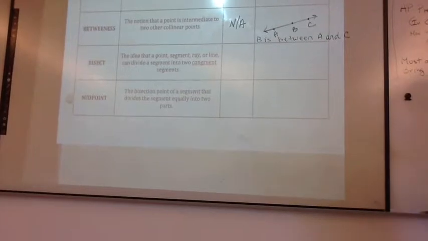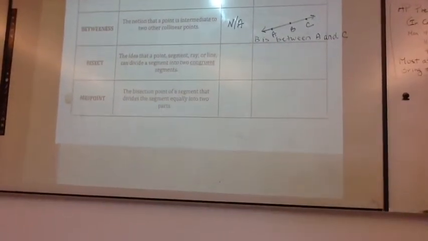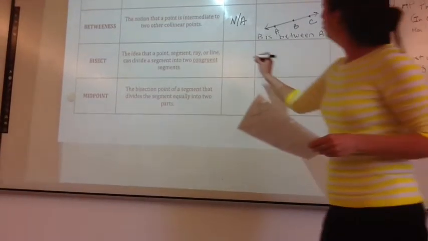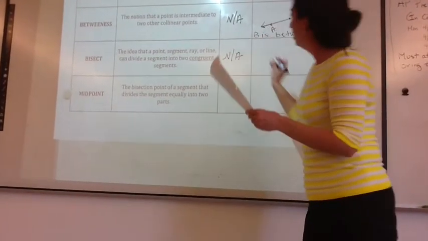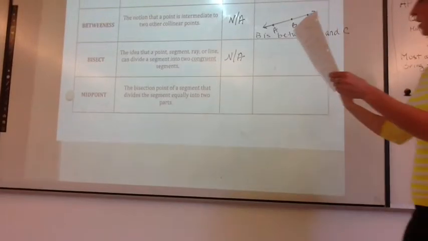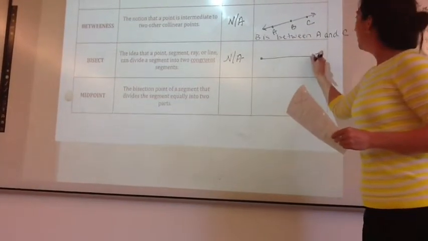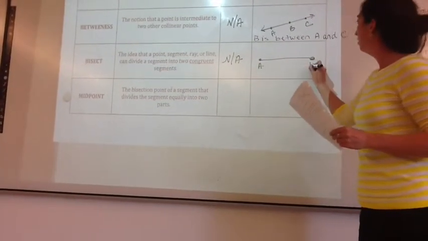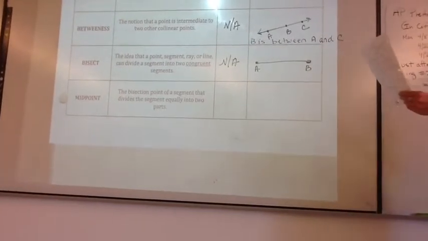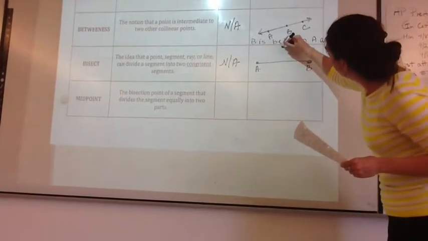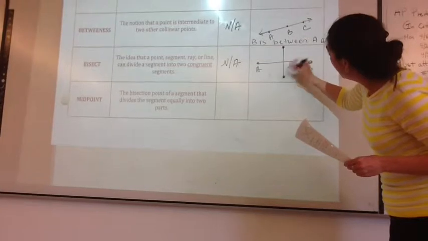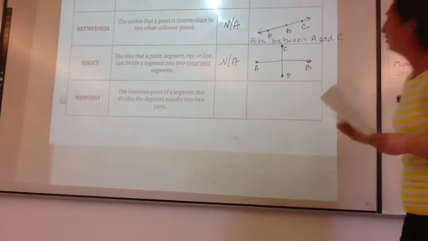All right, let's go to bisect. The idea that a point, segment, ray, or line can divide a segment into two congruent segments. So no symbol again really for this. We're going to go right to a diagram. Please draw a segment AB. And please draw a second segment coming through, and let's call that CD.